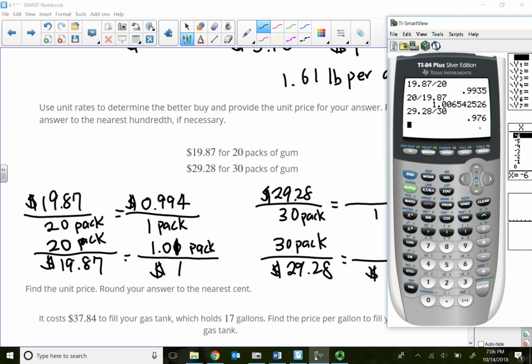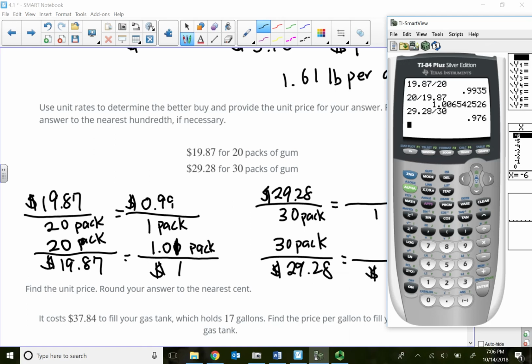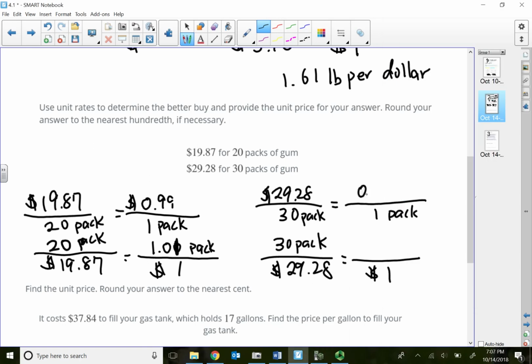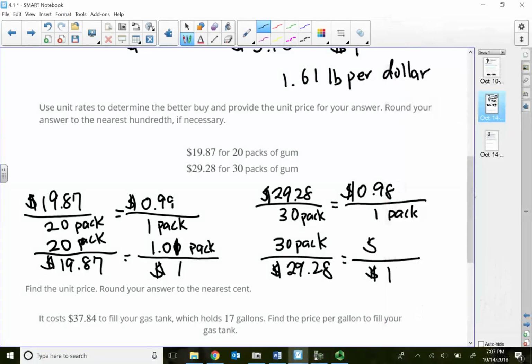That is actually 0.98. So that's 98 cents per pack, or I can do 30 packs divided by $29.28. That would be 1.02, 1.02 packs for $1.